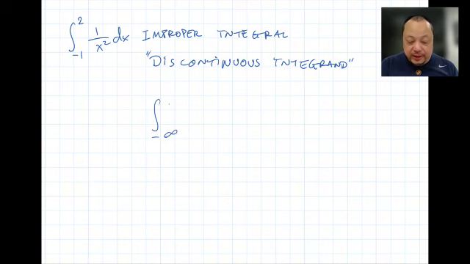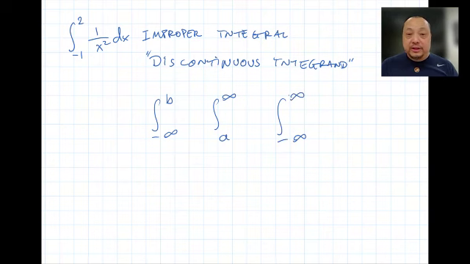So it could be from negative infinity to some number, it could be from some number to positive infinity, or it could be over the entire number line from negative infinity to infinity. Those are improper integrals, and they're easier to recognize because you see the infinity in the limits. There's no missing it.